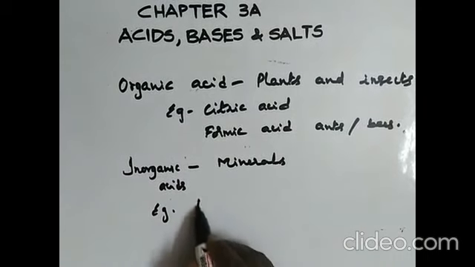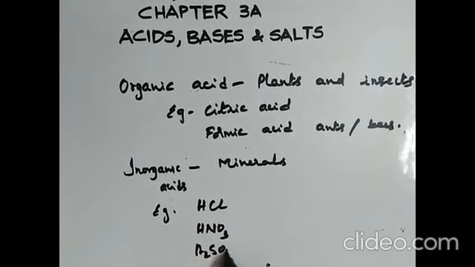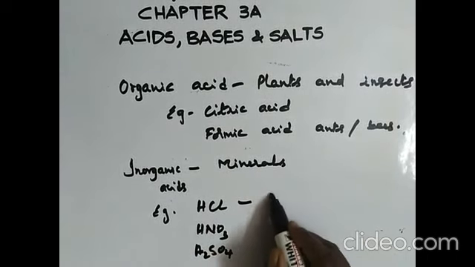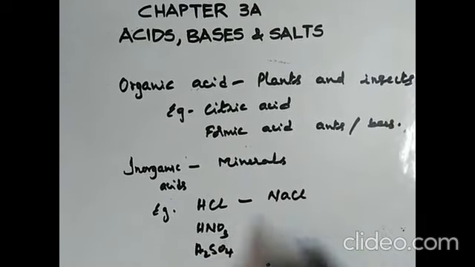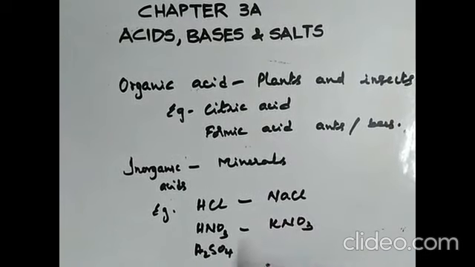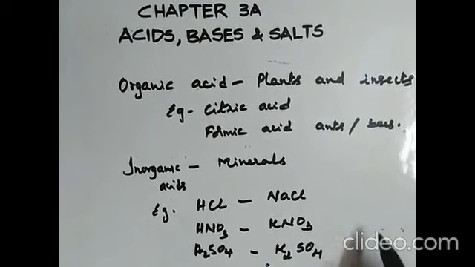Examples are hydrochloric acid, nitric acid, sulfuric acid. Hydrochloric acid is derived from sodium chloride. Nitric acid is derived from potassium nitrate or sodium nitrate. Sulfuric acid is derived from potassium sulfate or sodium sulfate.